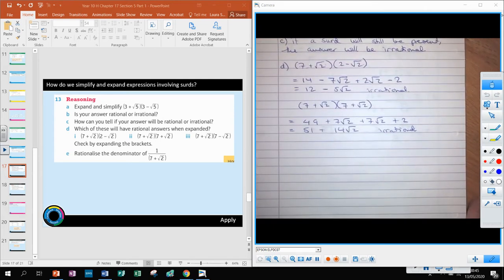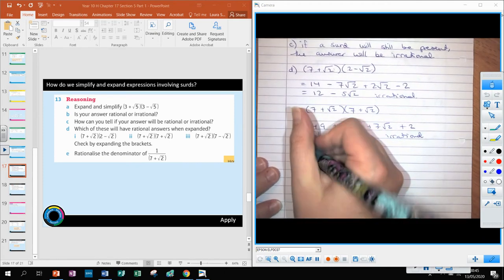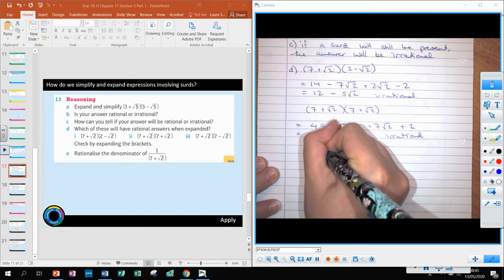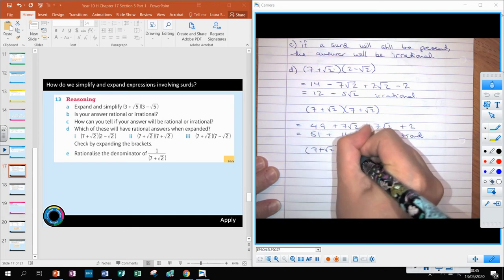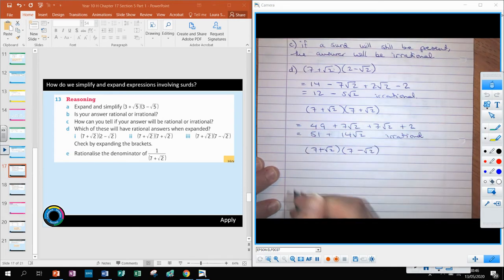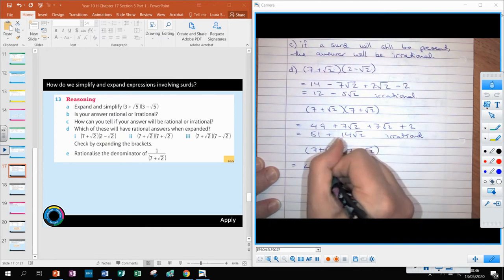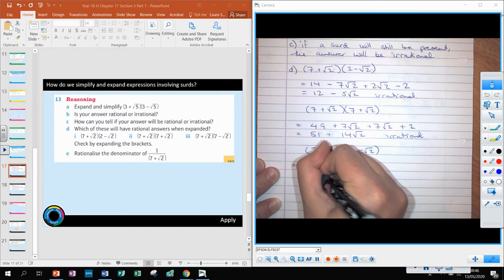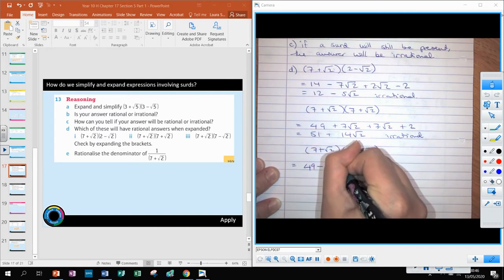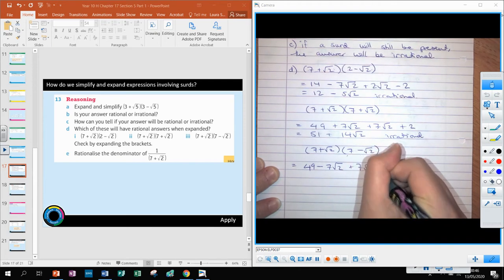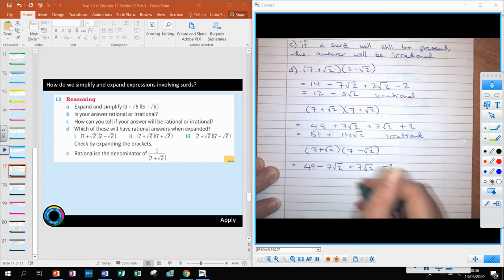And as we've learned, the next one should cancel out. Let's just double check: 7 minus root 2 and 7 plus root 2, not that the order matters. So 7 times 7 is 49. 7 times minus root 2 is minus 7 root 2, and then root 2 times 7 is plus 7 root 2, and then minus the 2.